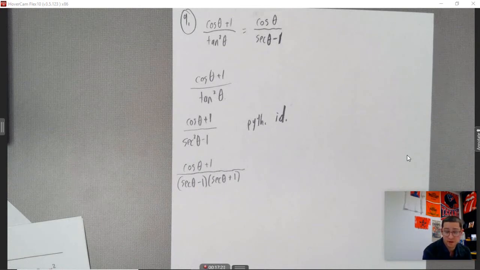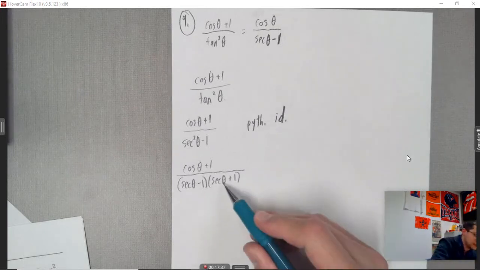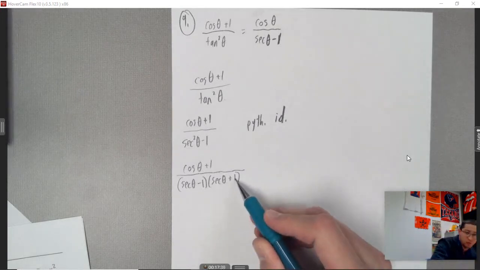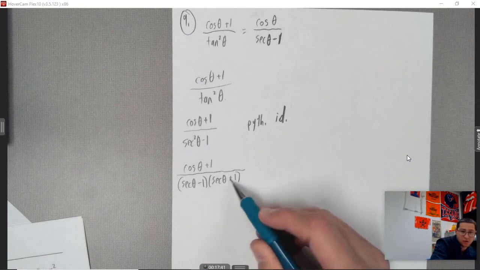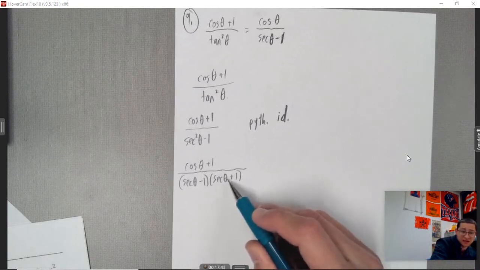So yeah. All right, so we're here. Let's see. Theoretically, we need to cancel this secant theta plus 1. That's kind of our goal. Our goal now is to cancel that secant theta plus 1.